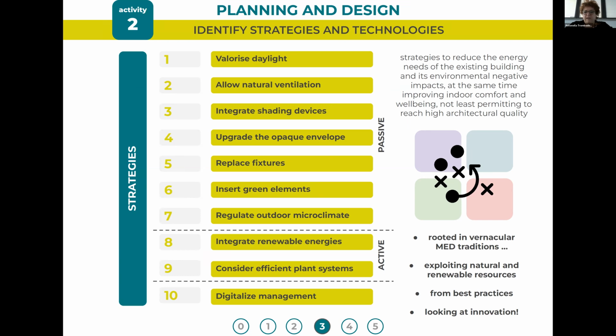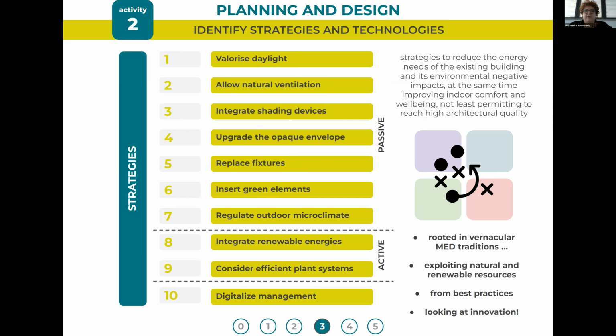So the priority is to investigate passive strategies, because, like in the best practice, sometimes the architectural solution through the passive strategies can solve much more than one problem, much more than one criticality, with the same cost. So we can take some very positive results from passive solution, especially again in the Mediterranean area.